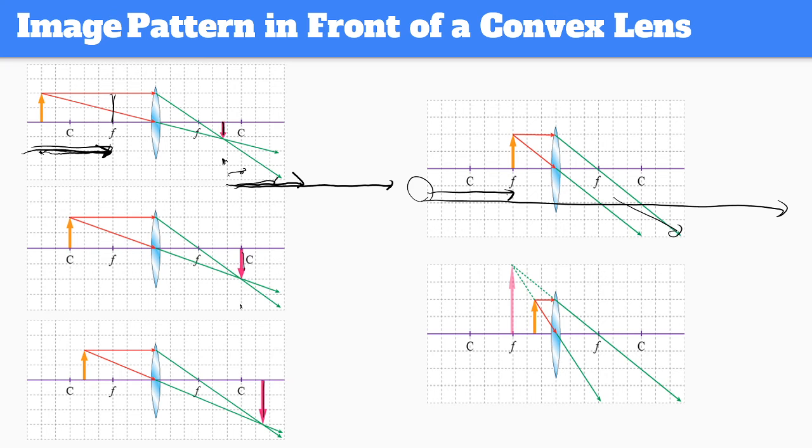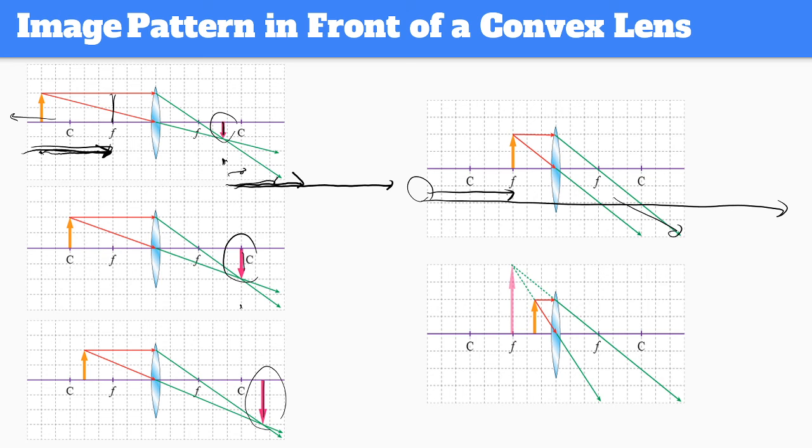Alright, so basically this is the pattern. As the object gets closer and closer to the focal point, the image gets farther and farther away from the lens, and the size is also getting larger and larger. And if you want to think backwards, let's say this object is not at the center, it is far behind the center of curvature. What will be the image?